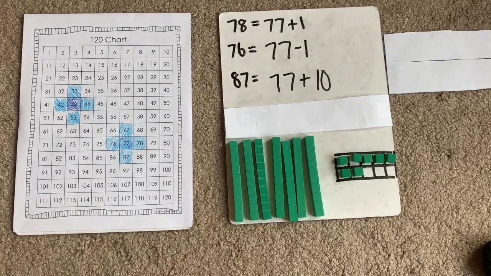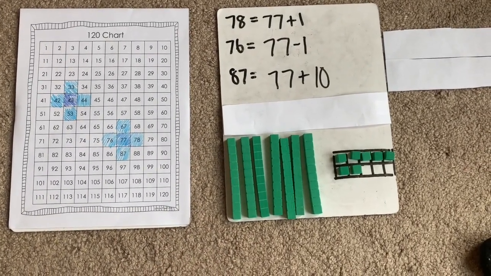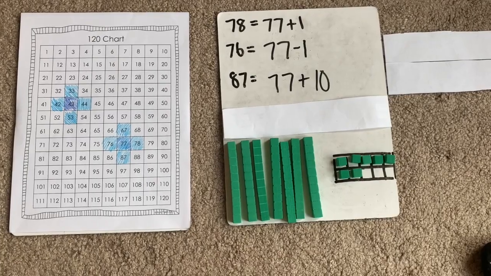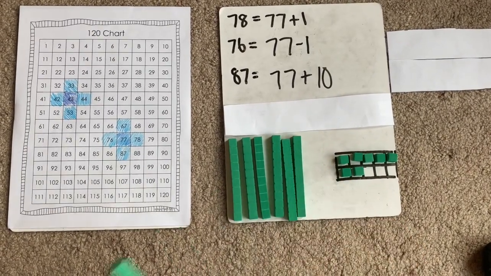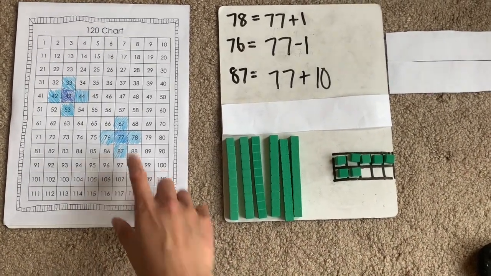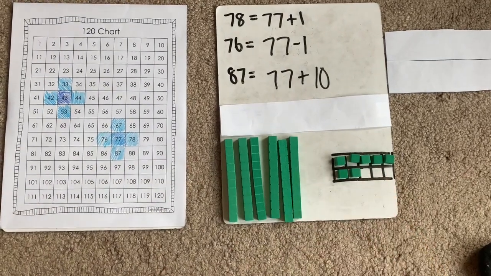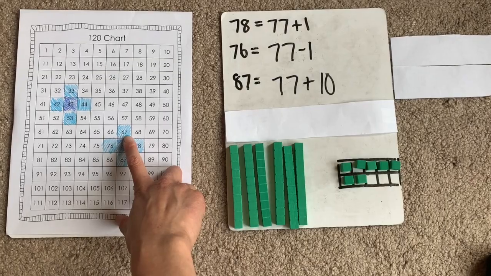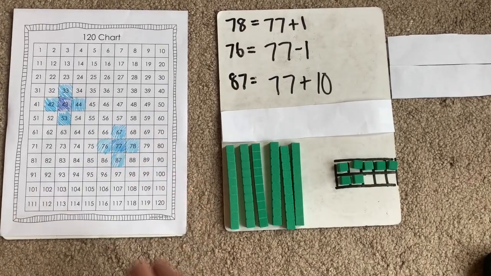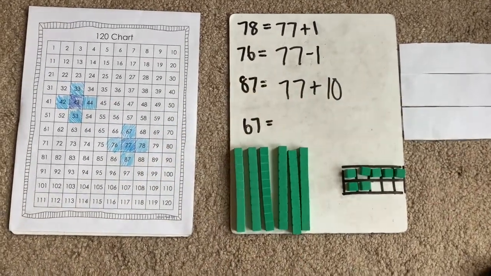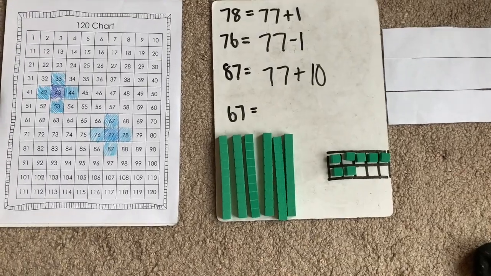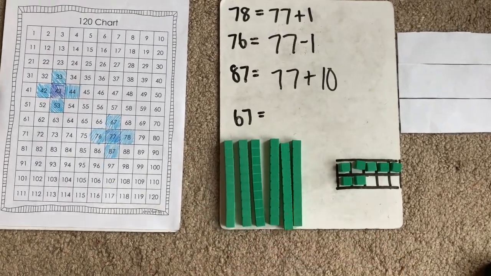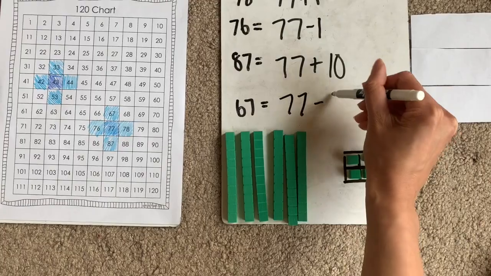What do we need to do? That's right, we are going to take away a 10 to make 67. We didn't have to change the ones because there's still 7 ones in 67, just like in 77. So 67 is the same as 77 minus 10.